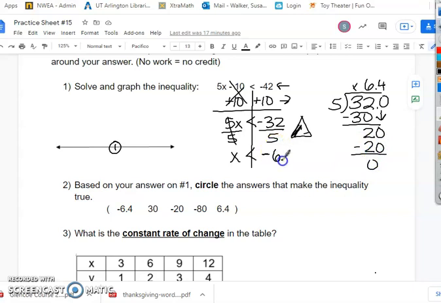So negative 6.4. Okay? So when we graph this, since it's a negative decimal, guys, if you think about it, if I have 0 and 1, this will be negative 1, negative 2. It gets more negative going this way.